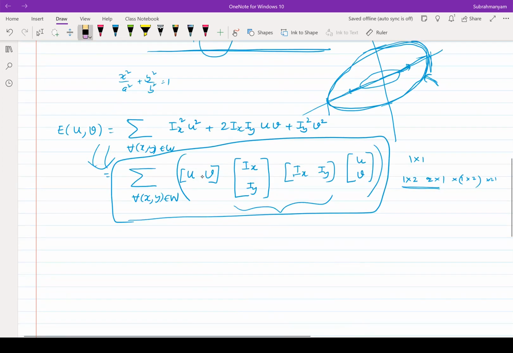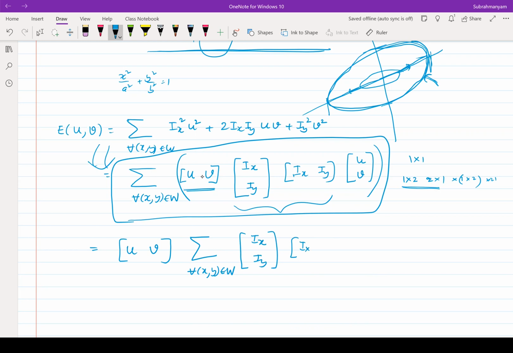Now I could write it as, in the summation, I can take u comma v out, since it has nothing to do with the summation. For all x, y that belong to this window, I have here Ix Iy, and then Ix Iy, this whole thing.